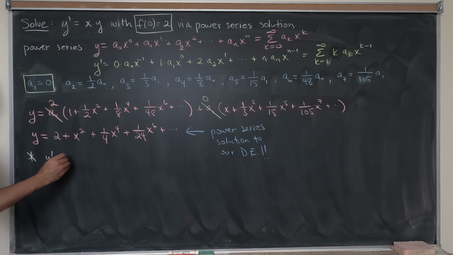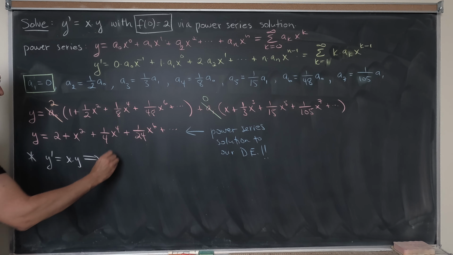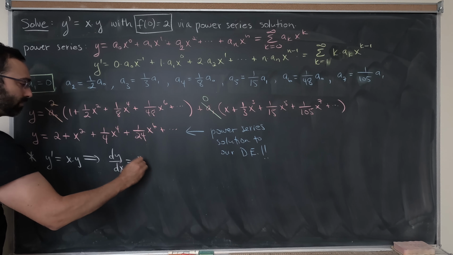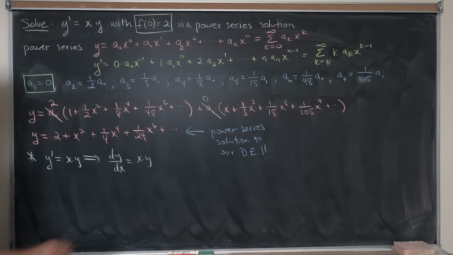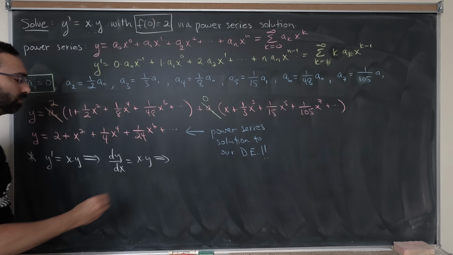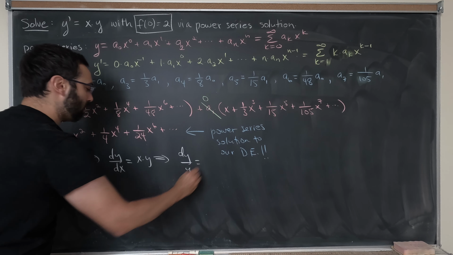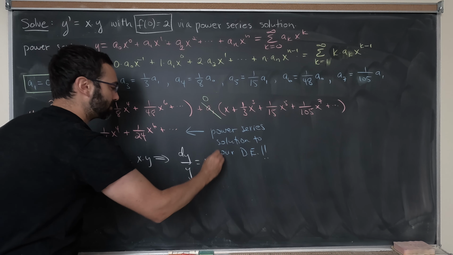Given that y prime equals x times y, we can write this as dy by dx equals x times y. If we separate our variables, we end up with dy over y equals x dx.